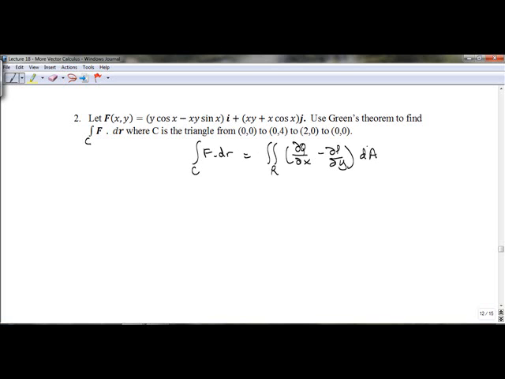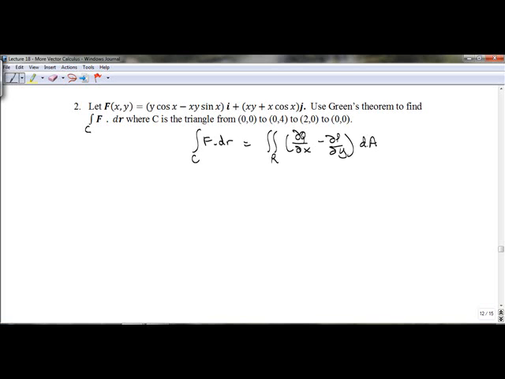What I want you to do is to draw this triangle, please. So we're going from (0, 0) to (0, 4) to (2, 0) and back to (0, 0).